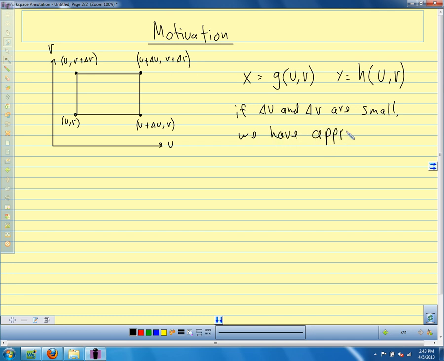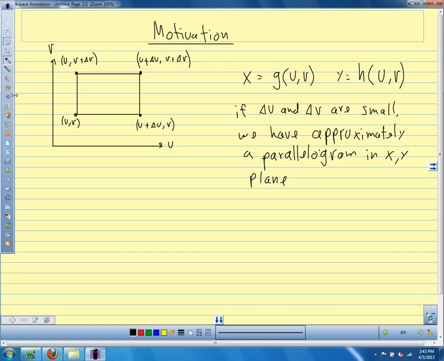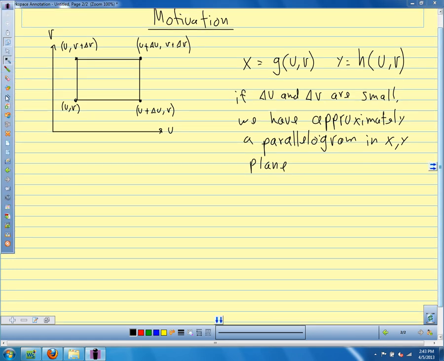We have approximately a parallelogram in the xy plane. So let's draw that approximate parallelogram in the xy plane. So here's our xy plane. So we've done a nice transformation. It transforms this region in the xy plane to a rectangle in the uv plane.